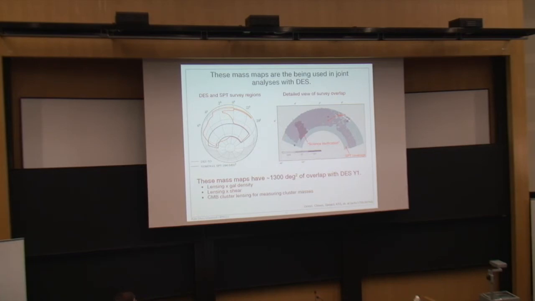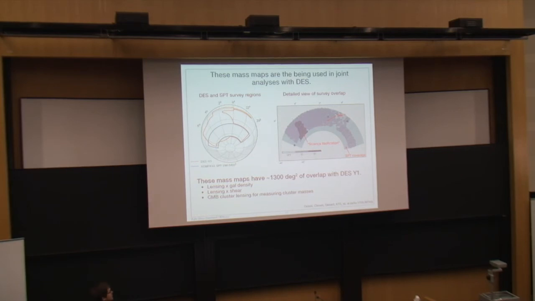In lighter gray is the first year of data, year 1 from DES. And we have very good coverage, something around 1300 square degrees. And especially, I mentioned those summer fields, there's even more coverage with those summer fields as well. So these are all ongoing analyses of cross-correlating this lensing map with galaxies, shear, clusters, and other data products from the Dark Energy Survey.